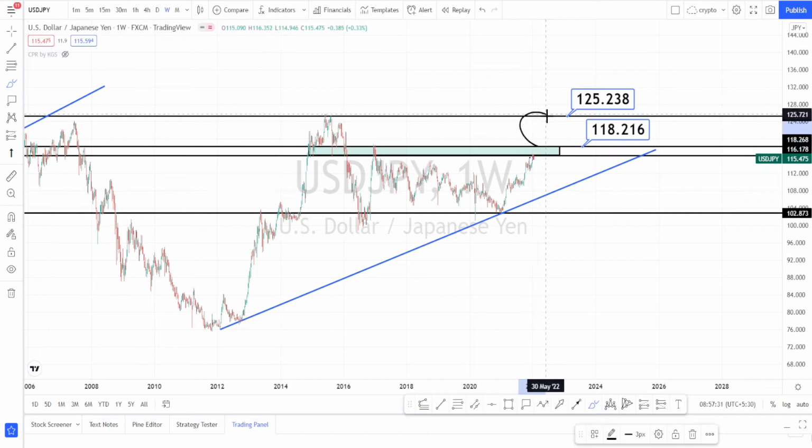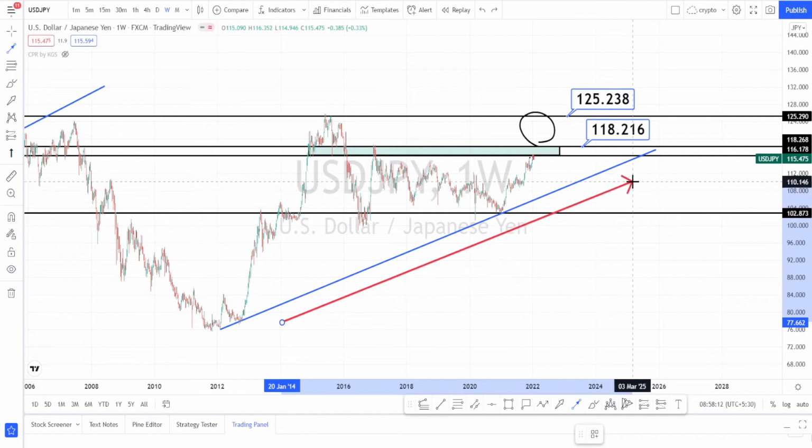Since this whole area is a very strong resistance level, we can expect the market to consolidate over this area and then retrace and take support on this trend line. As long as this trend line is holding, we can expect the trend reversal and then break this resistance level and go and test the next level of resistance. So currently when we look at the market from the weekly time frame, it is still a bullish market.